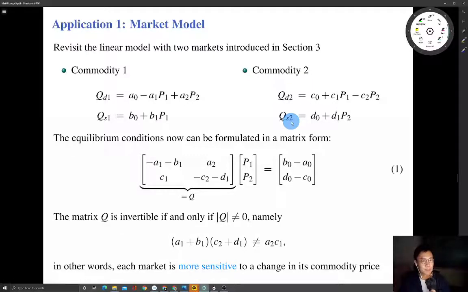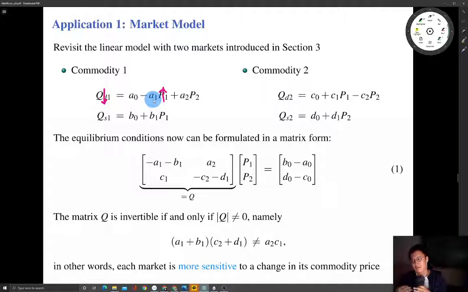Okay. So with that in mind, if we take a look at the demand for good one, the coefficient of P1 is given by some negative constant. That means if price 1 goes up, then the demand for that good goes down. We usually call that the law of demand.